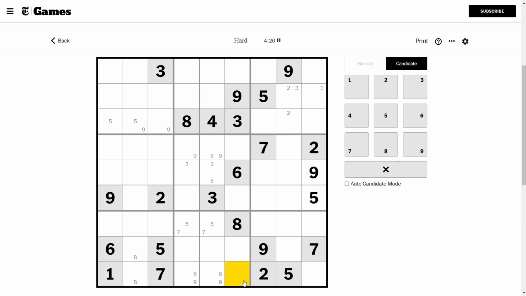Then these are 1, 2, 3, and 4, and these 3 see the 3s. So this is a 3, and then this cell sees the 1 and 2. So this is a 1-2 pair, meaning that this is a 4.